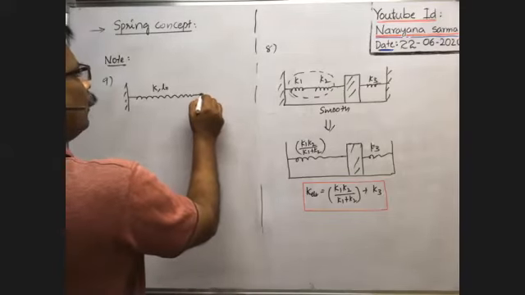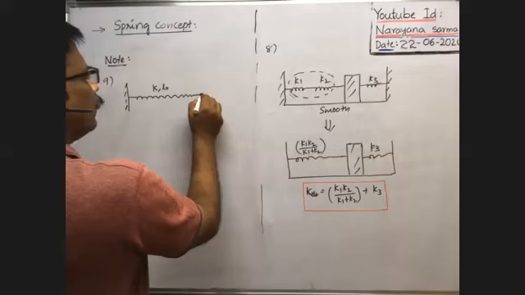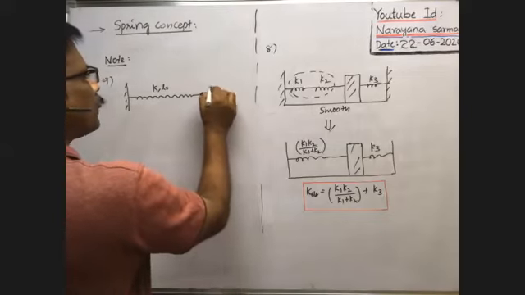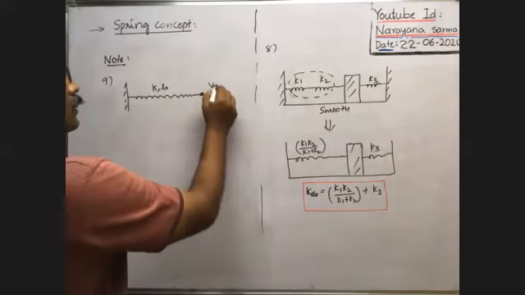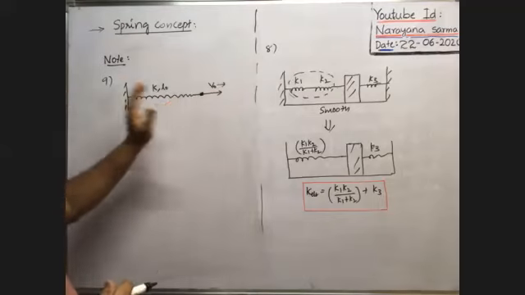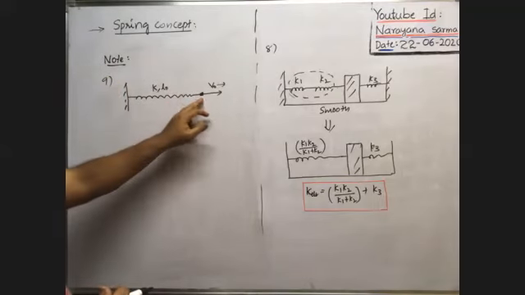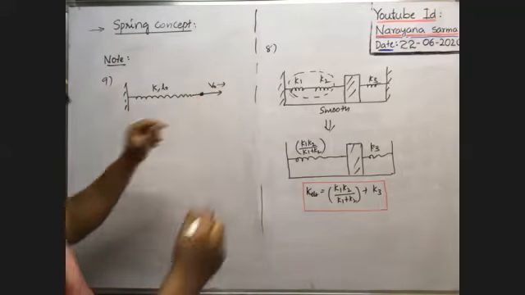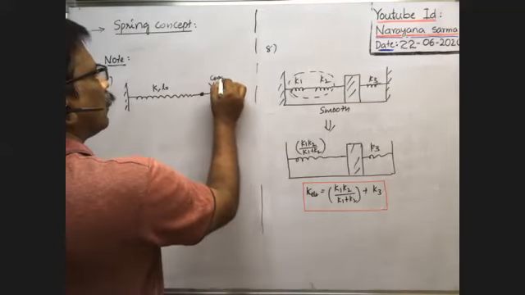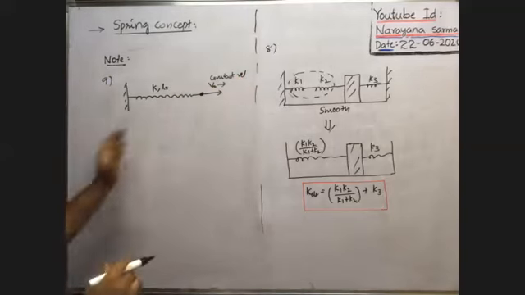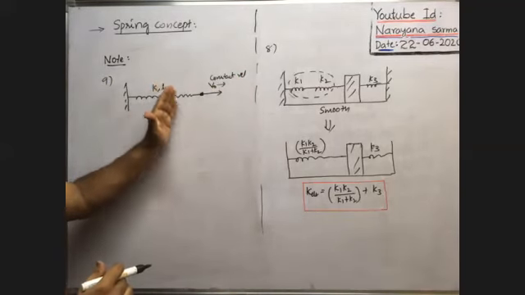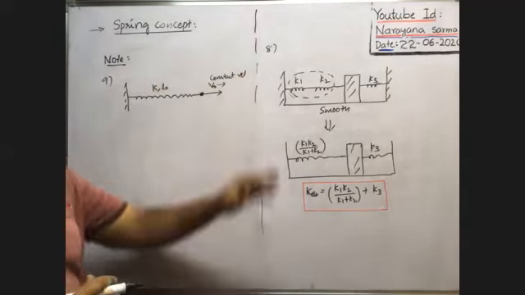Whenever this end of the spring is moving with a constant velocity V0 in this direction, with one end of the spring fixed and the other end pulled with a constant velocity V0 towards the right, then each and every turn in the spring moves like this, no?